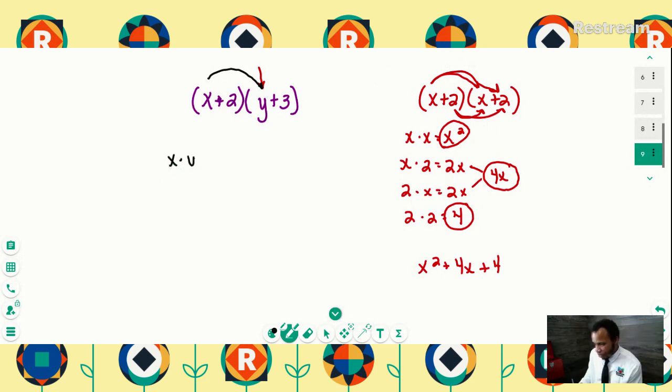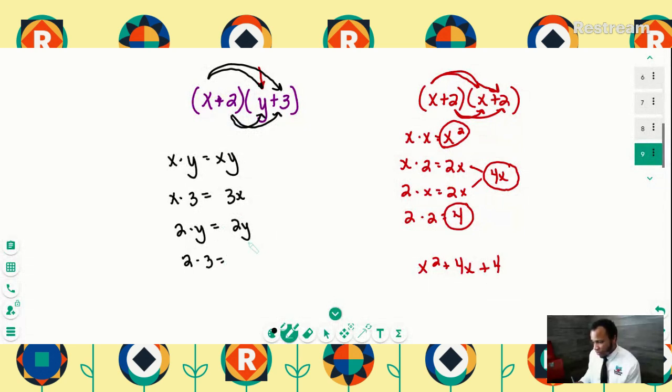So x times y gives you xy. x times 3 gives you 3x. 2 times y gives you 2y. 2 times 3 gives you 6. So now we're on the step that we were on at this point right here.